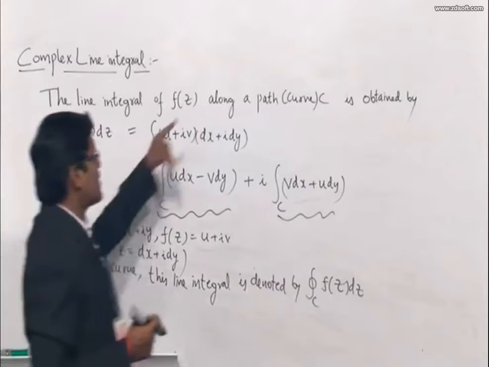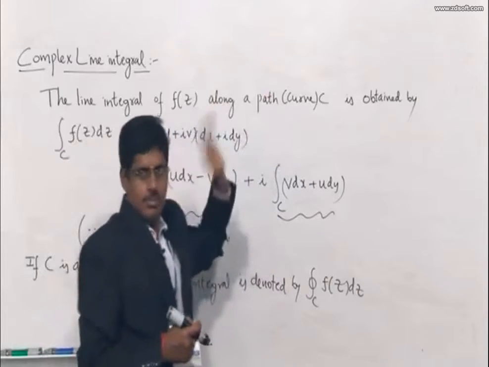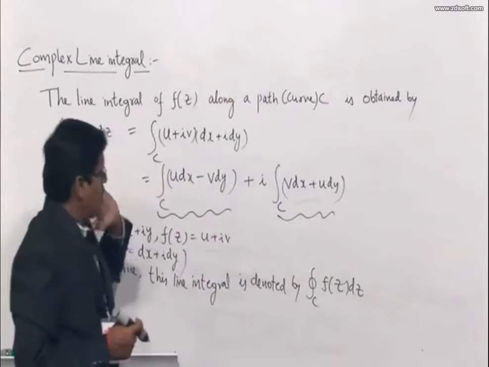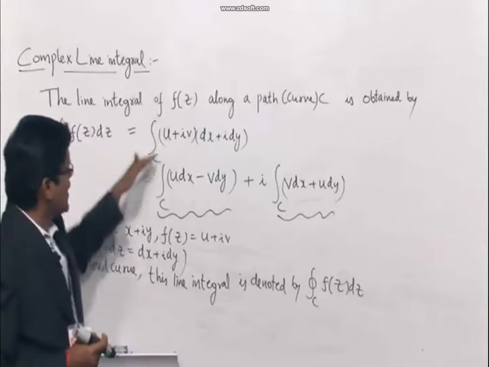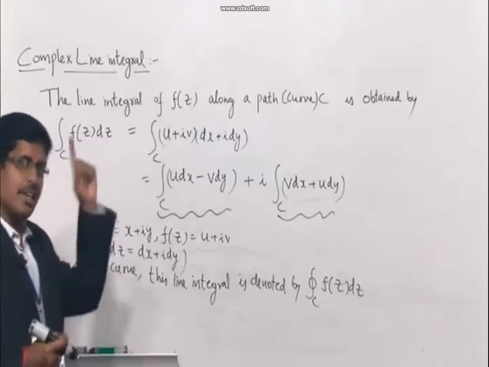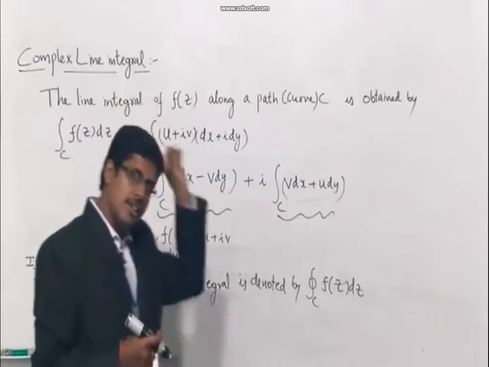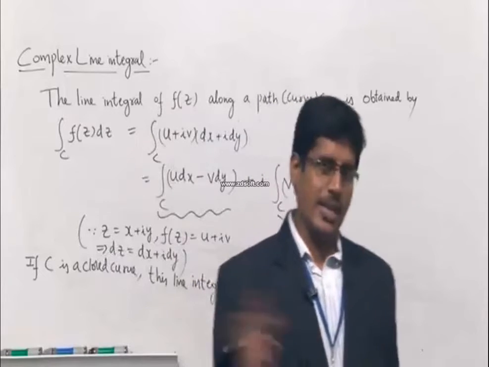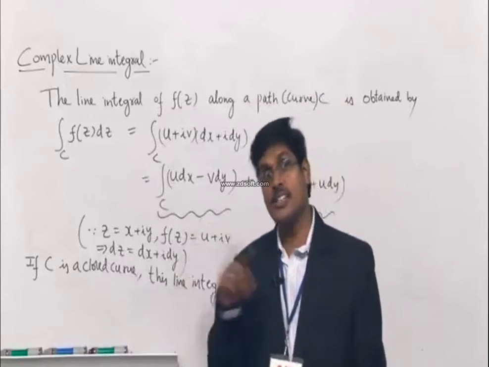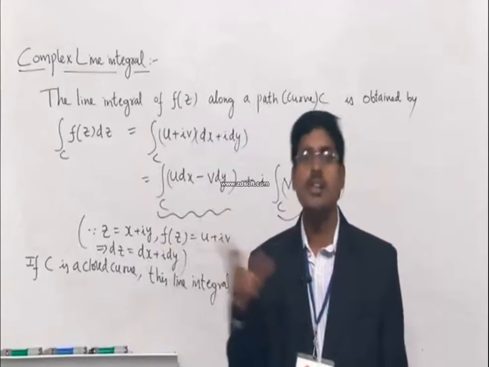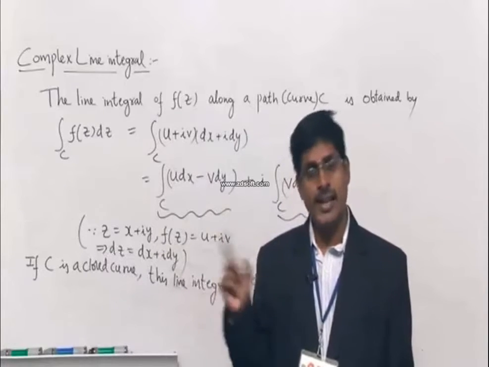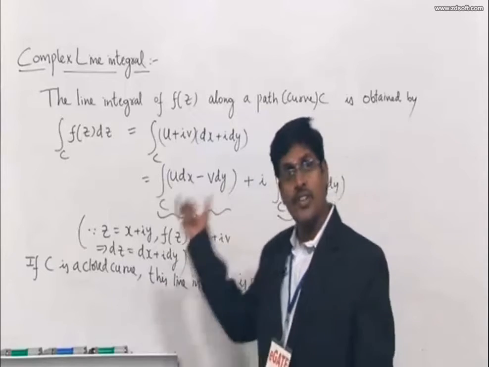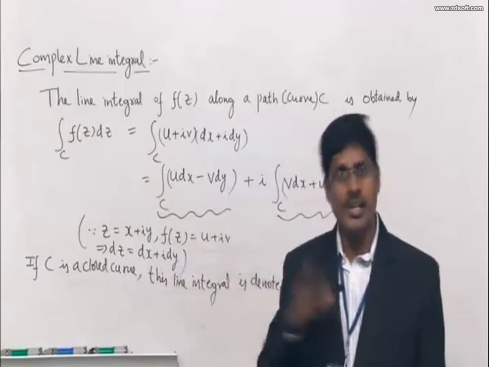This integration depends on the path. Yesterday I gave line integral problems that depend on the path C. Whenever f of z is analytic, this line integral is independent of the path joining. Yesterday, in the vector line integral chapter, instead of analytic, it was f bar irrotational, curl f bar equal to 0, and the line integral was independent of the path. That is, without the path we got the integration answer. I did the first problem of yesterday's class. Here also, whenever f of z is analytic, the path is not required and you will get the answer.